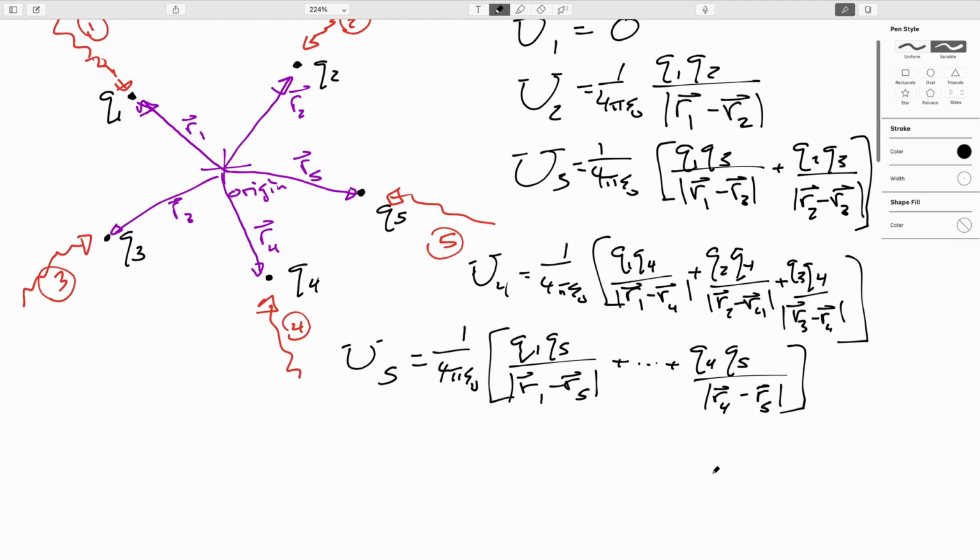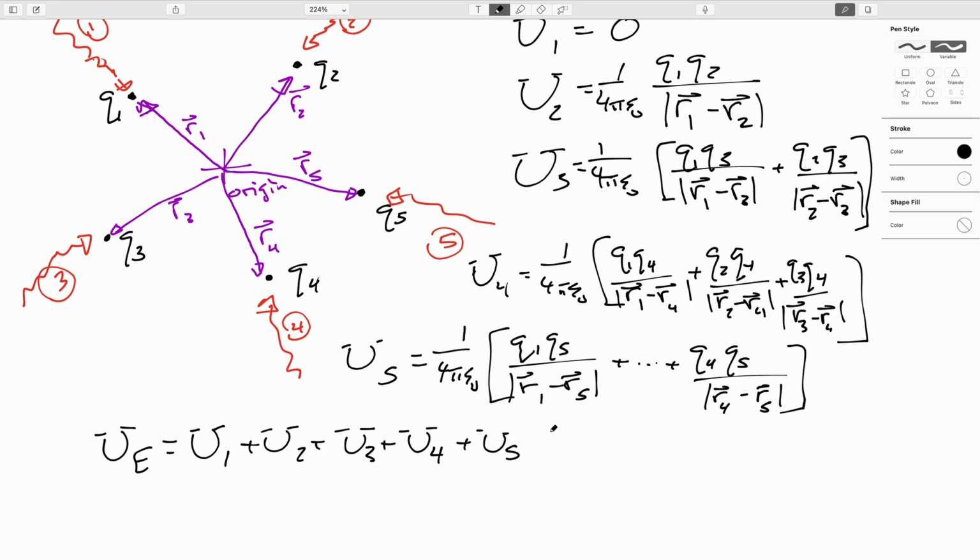And so then the total electric potential energy will just be the sum of all of those. So this will be U1, which was 0, plus U2, plus U3, plus U4, plus U5.